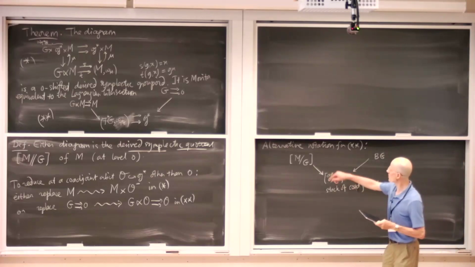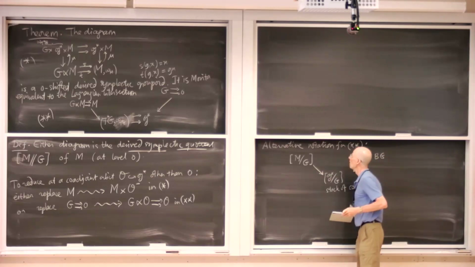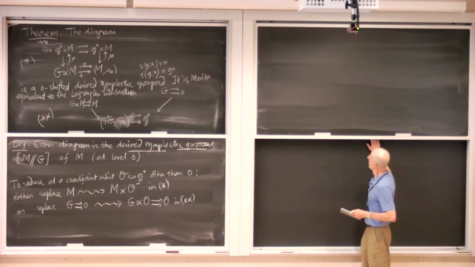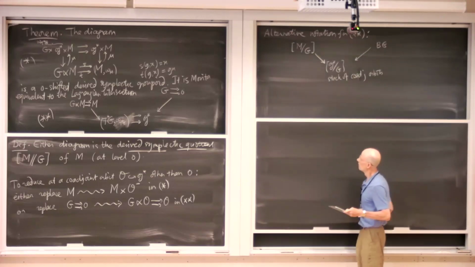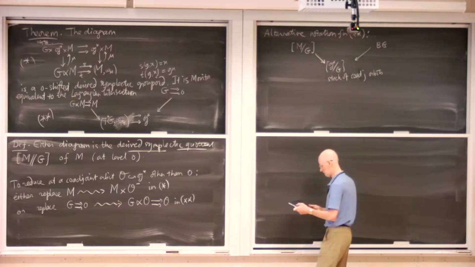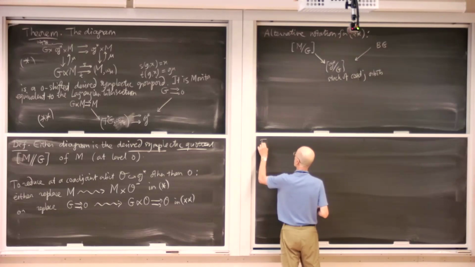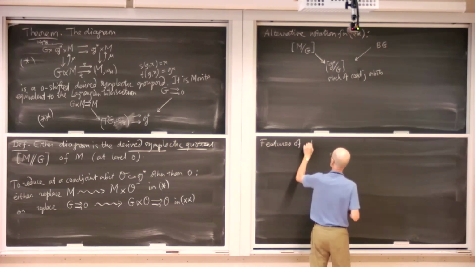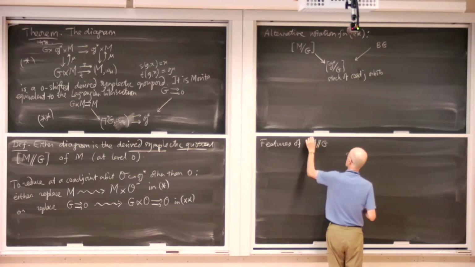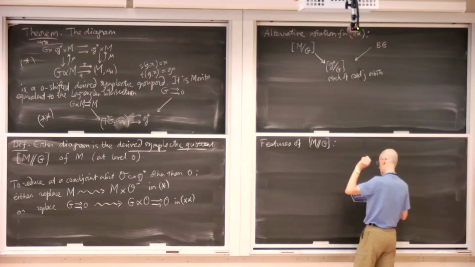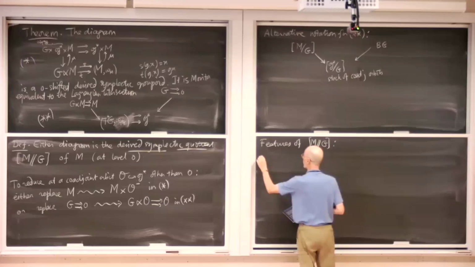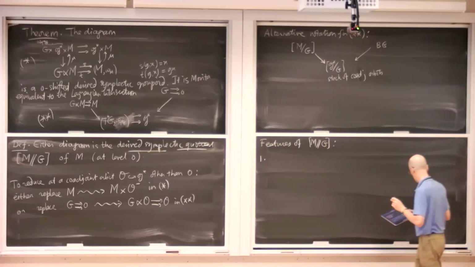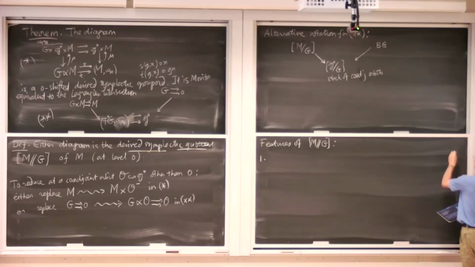So what are some features of this derived symplectic quotient? I think we all know that there are two ways in which singularities arise in symplectic reduction.